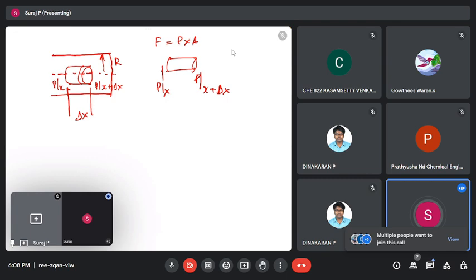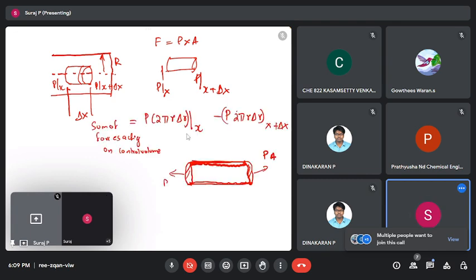The pressure force acts on both ends of the circular tube and is calculated as P into A, and the shear force acts on this wall area and is calculated as tau into area, where tau is the shear stress.